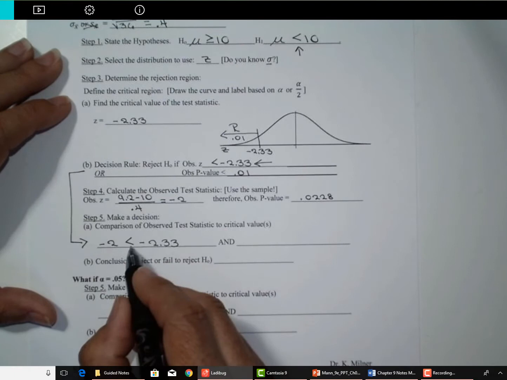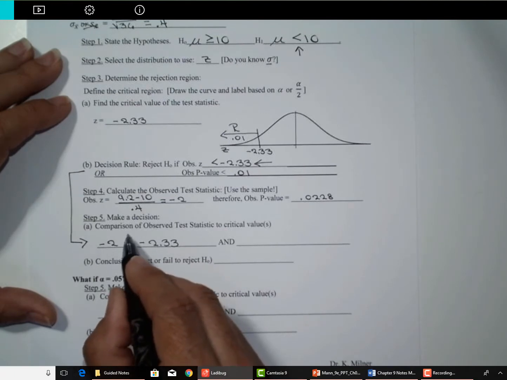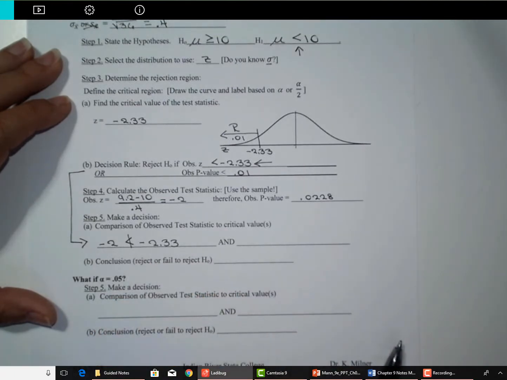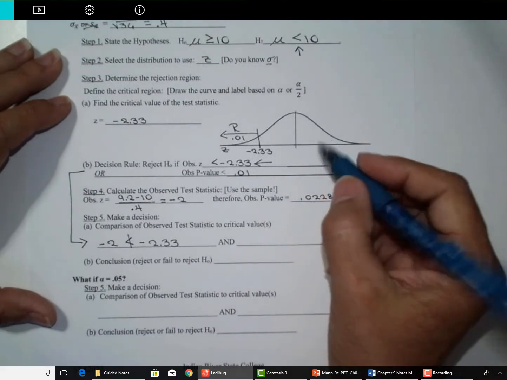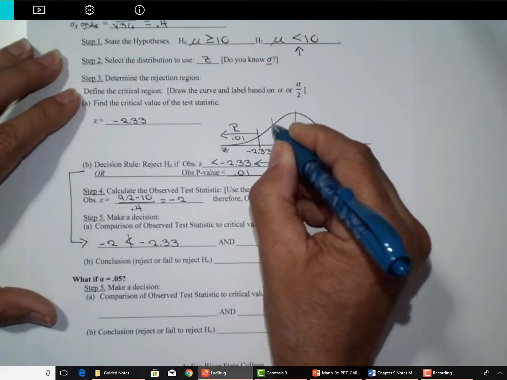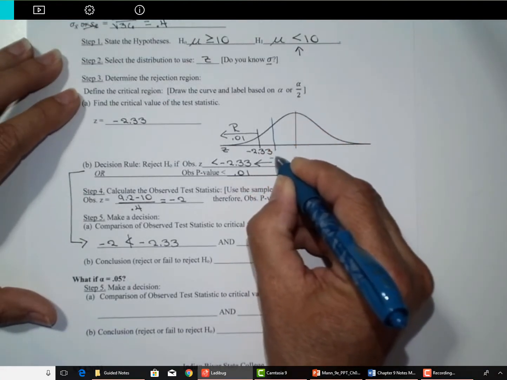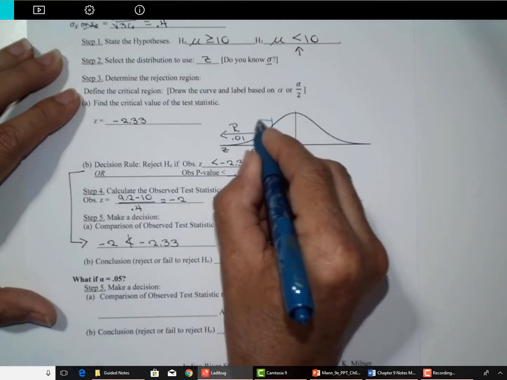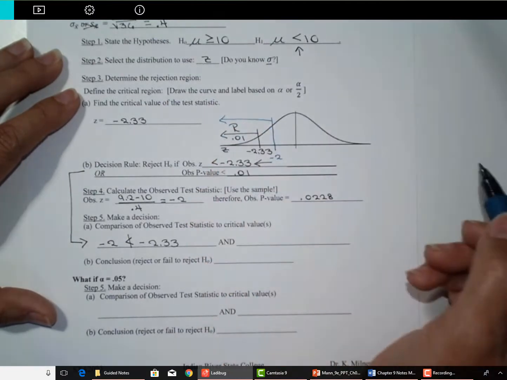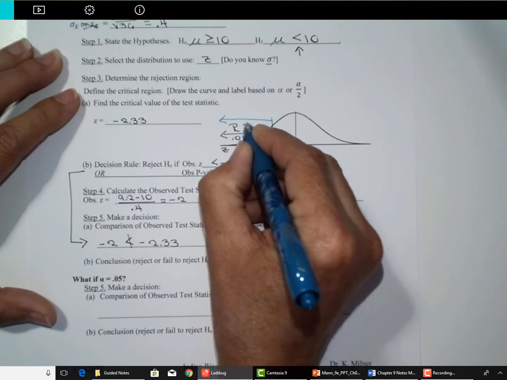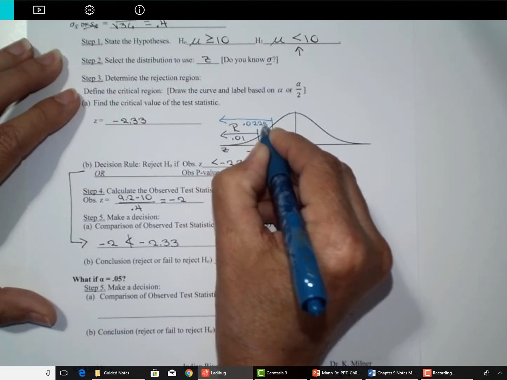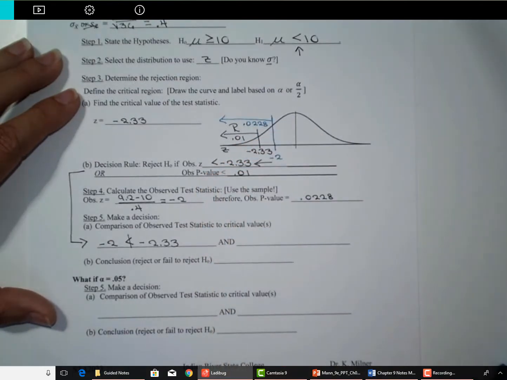But -2 is not less than -2.33. In fact, if I place my -2 up here on my graph, I'll find that it's in here somewhere. Here it is in blue, -2. And the area associated with -2, as we found out when we looked it up, is 0.0228. So that's my test statistic in blue.